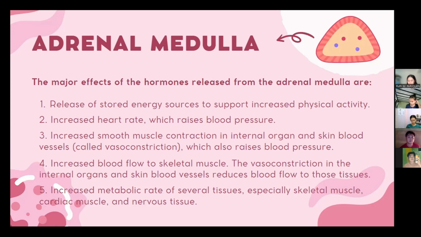The smooth muscle in skeletal muscle blood vessels does not contract. That, in combination with decreased blood flow elsewhere, explains the increased blood flow to the skeletal muscle. Fifth is the increase in metabolic rate of several tissues, especially skeletal muscle, cardiac muscle, and nervous tissue.